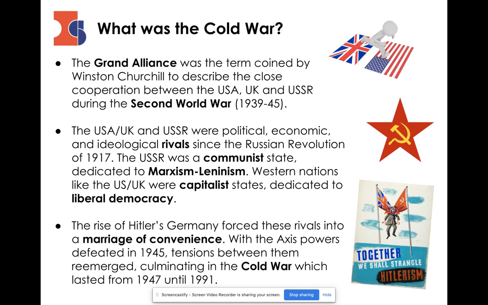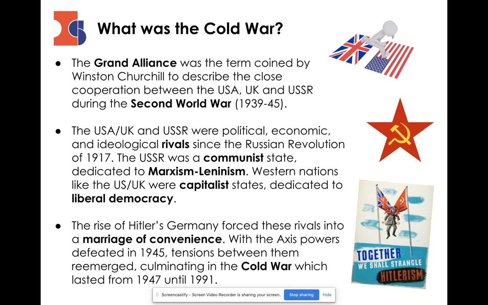The problem was that's a rather strange alliance, and perhaps it should be called the Strange Alliance, not the Grand Alliance. The reason for that is America, the UK, and the USSR were completely different countries in 1945 and had been for many years. Ever since the Russian Revolution of 1917, they had been political, economic, and ideological rivals.